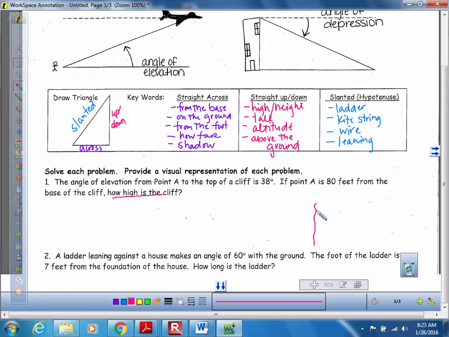They want to know how high is the cliff, so I'm going to label that my X. Then it tells me if point A is 80 feet from the base, so from the base is across, so 80 feet from the base is point A.